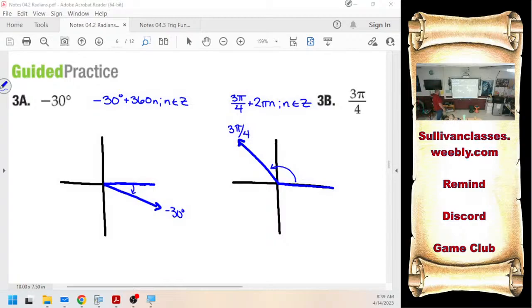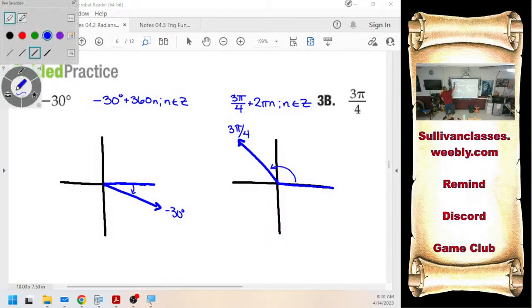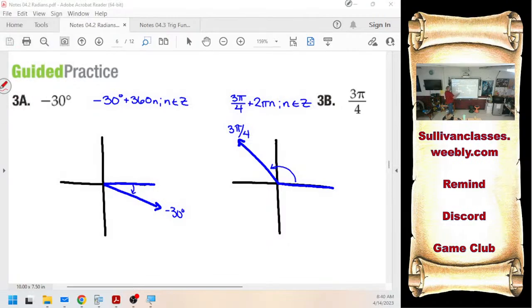I could just write on here, negative 30 plus 360, 330 degrees. I could say 3 pi over 4 plus 2 pi, which is 11 pi over 4.